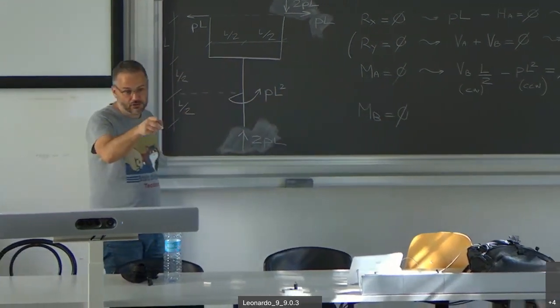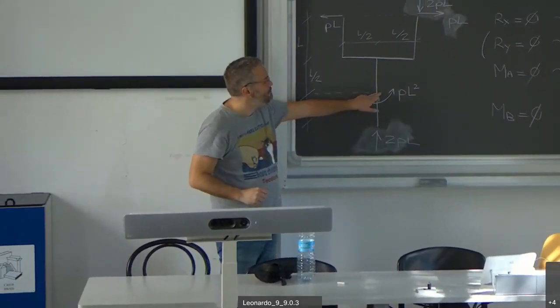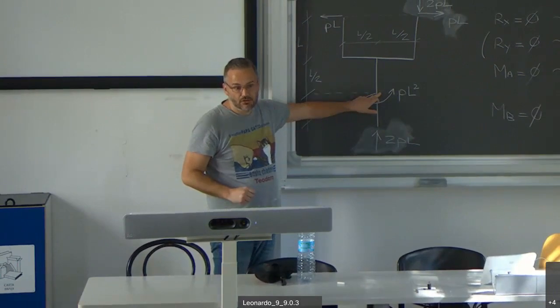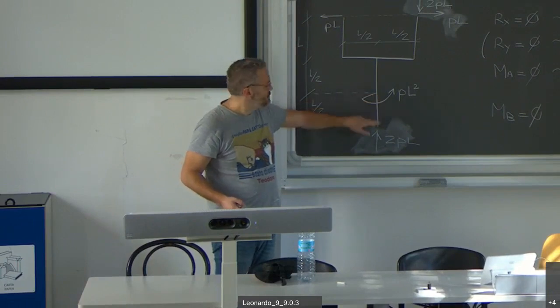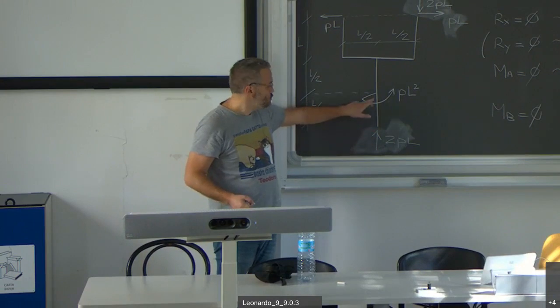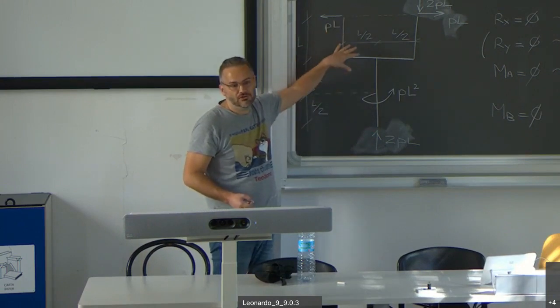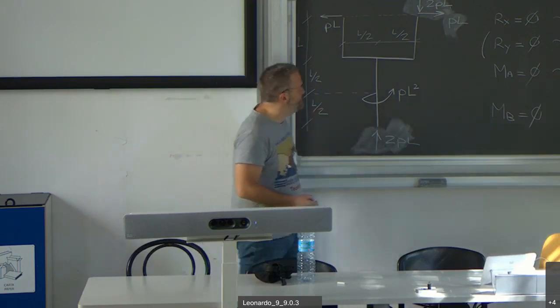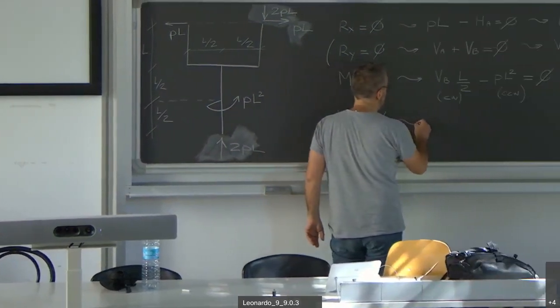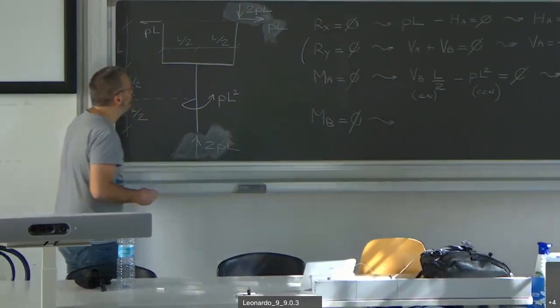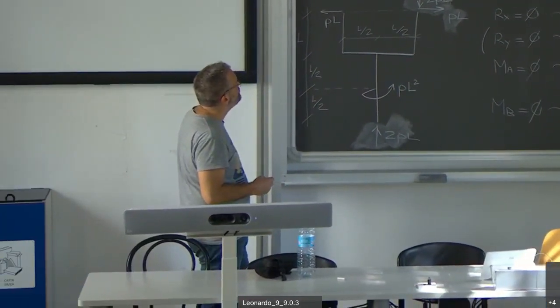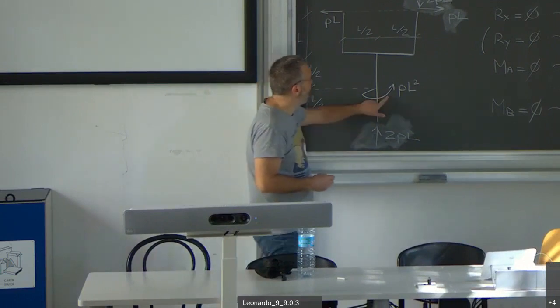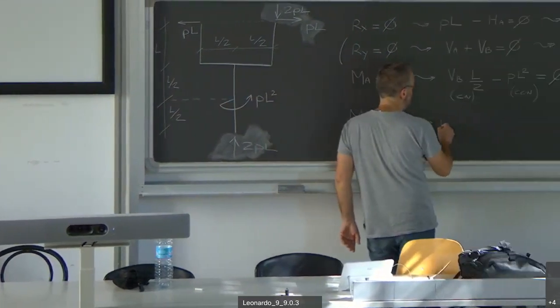Or, as you pointed out, it could be M with respect to this point equal to 0. The computational effort would be the same. This would not contribute, this would contribute, and all the others would contribute. Let's see what happens with MB equal to 0. MB equal to 0 means I have PL square, which is counterclockwise.